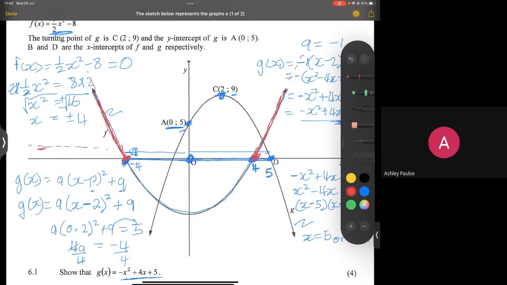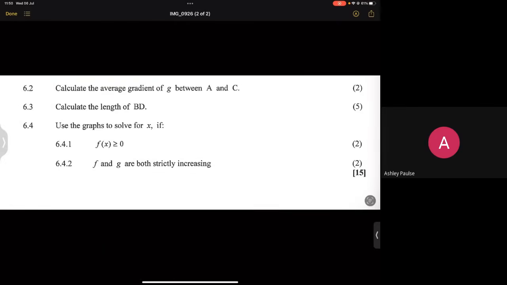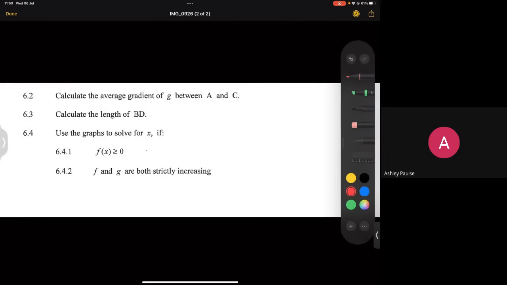So to answer that question, x is an element of negative infinity till negative 4, and you must include that because they said or equal to 0, so that's a square bracket, and from 4 till infinity.